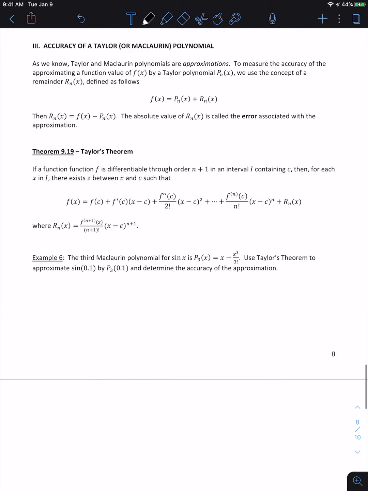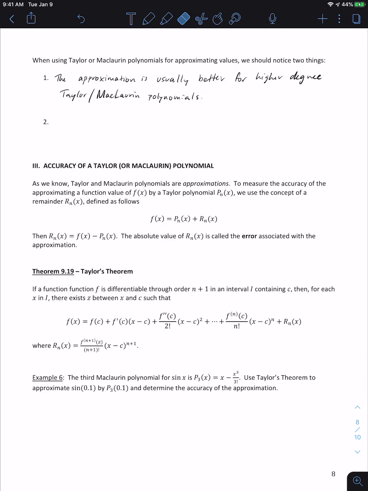The other thing to take note of is that the approximation is usually better for x values closer to x equals c, let's just say closer to c, than x values farther from c.